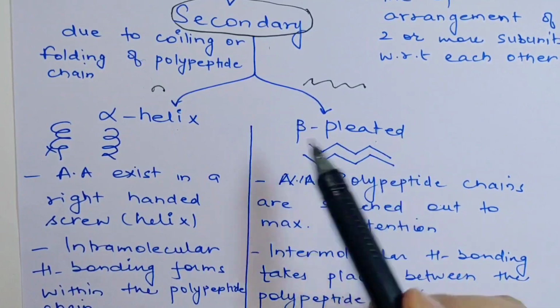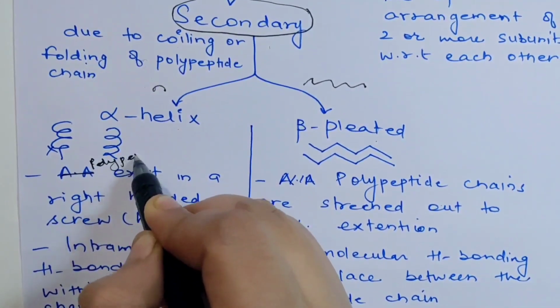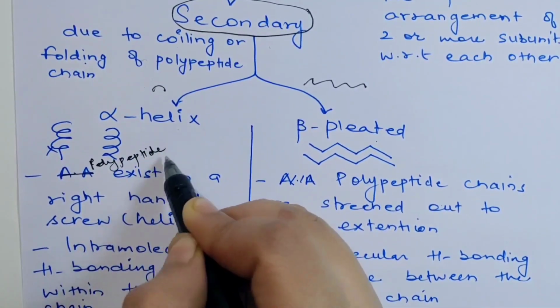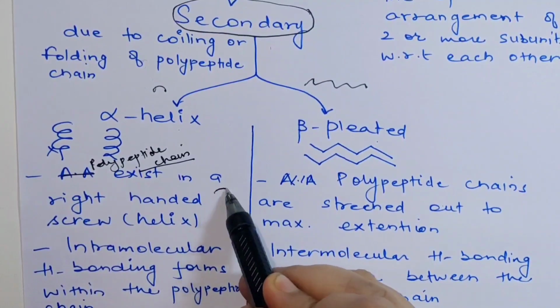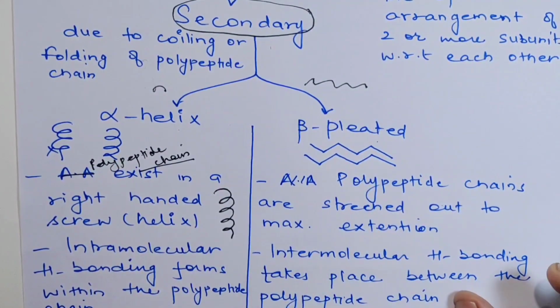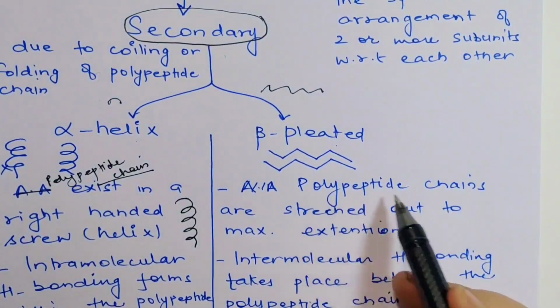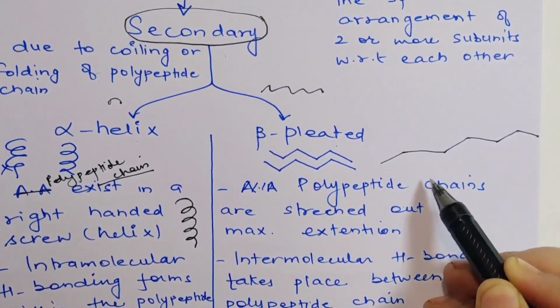Alpha helix is when the polypeptide chain exists in a right-handed screw or helix, whereas beta pleated is when the polypeptide chain is stretched to the maximum.